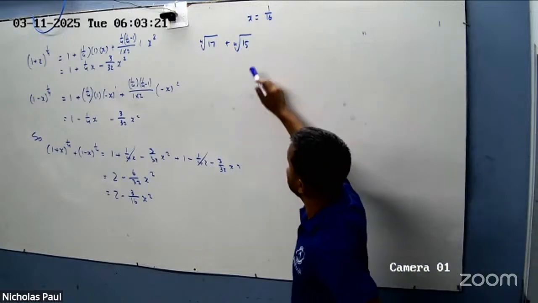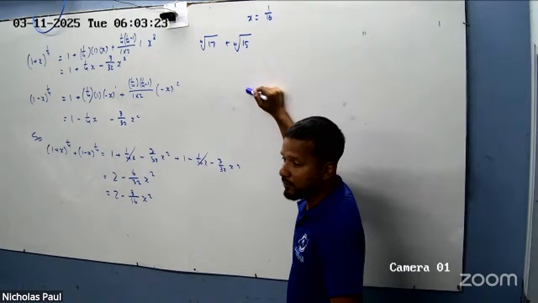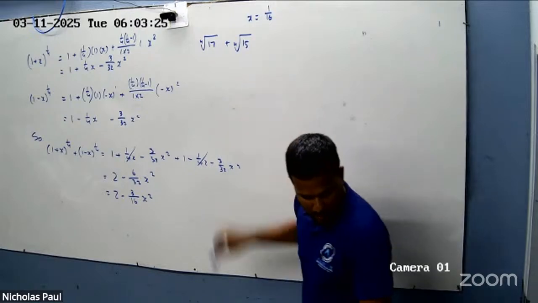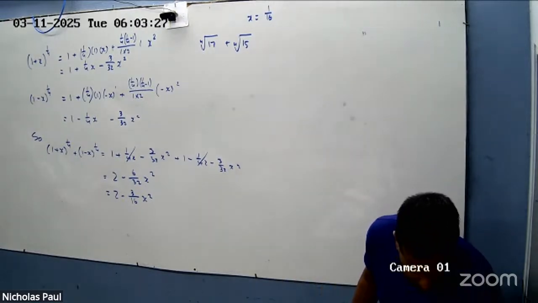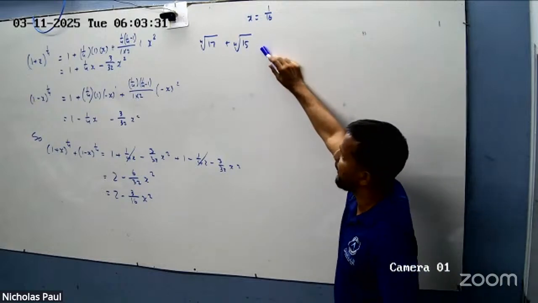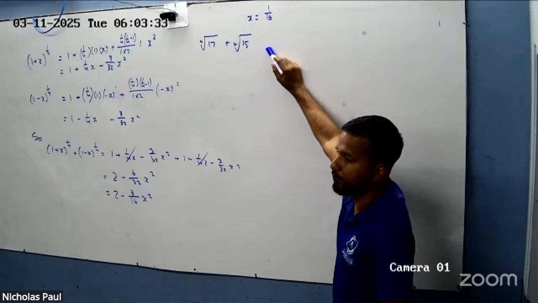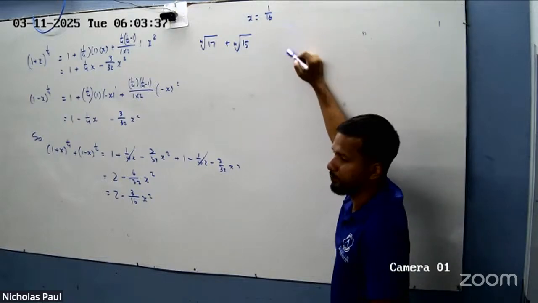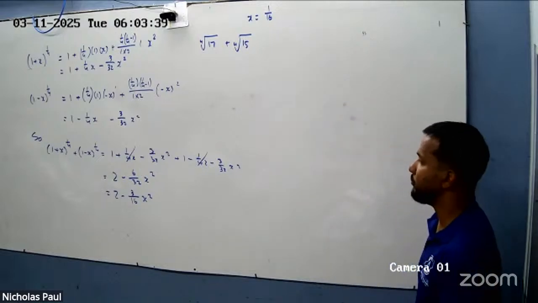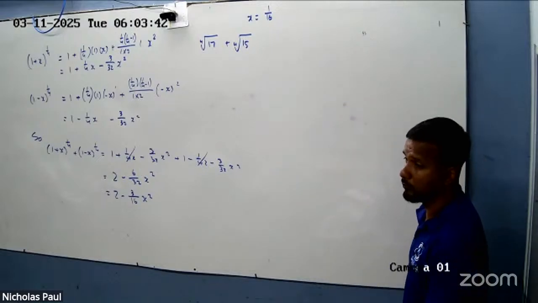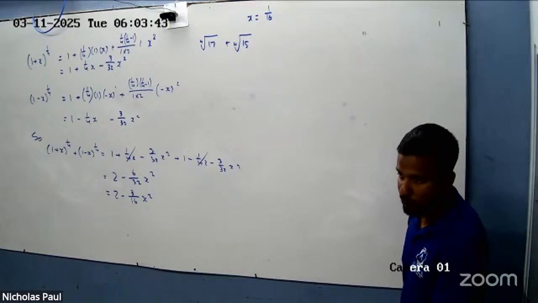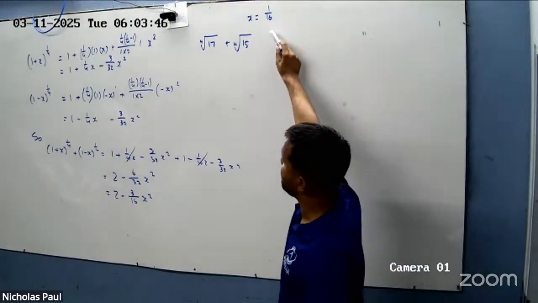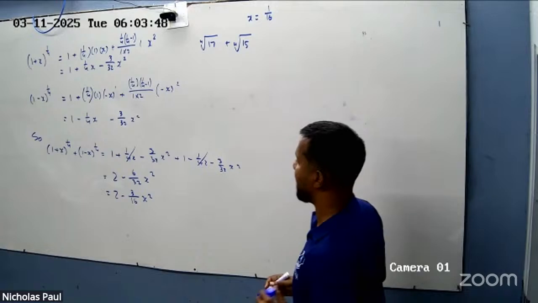They want you to compute this to 4 decimal places. Work out this to 4 decimal places by using this. So you have to substitute this, both sides, and simplify. Same thing as before.